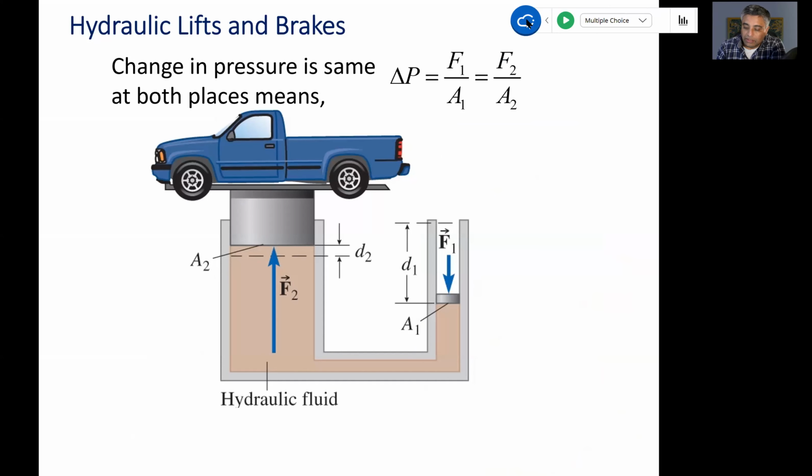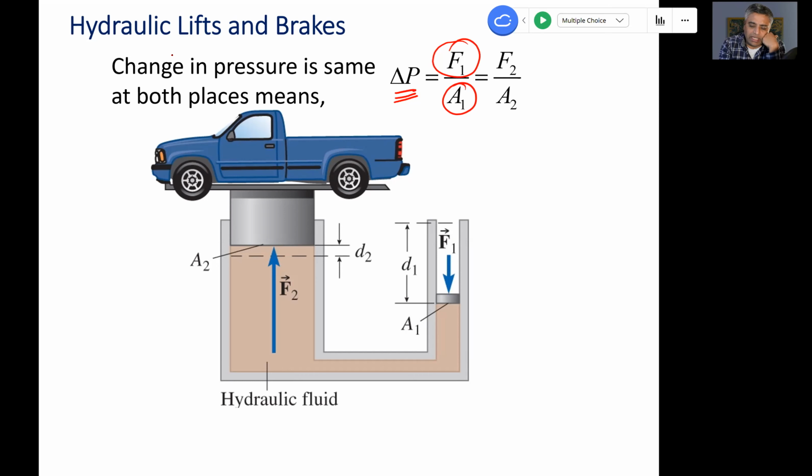So now, here what it is saying is the change in pressure. When you apply pressure, you are changing pressure at that point. So change in pressure is equal everywhere, right? That's what we learned. That's Pascal's law. So pressure can be written as force over area. We know that.